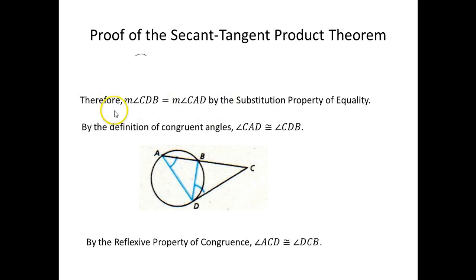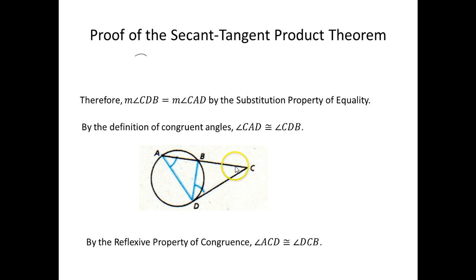Both of these angles touch the exact same arc of the circle, which means that they have to be congruent angles, by the substitution property of equality. Also, notice that angle C is congruent to itself. So now we have two triangles that share two angles.